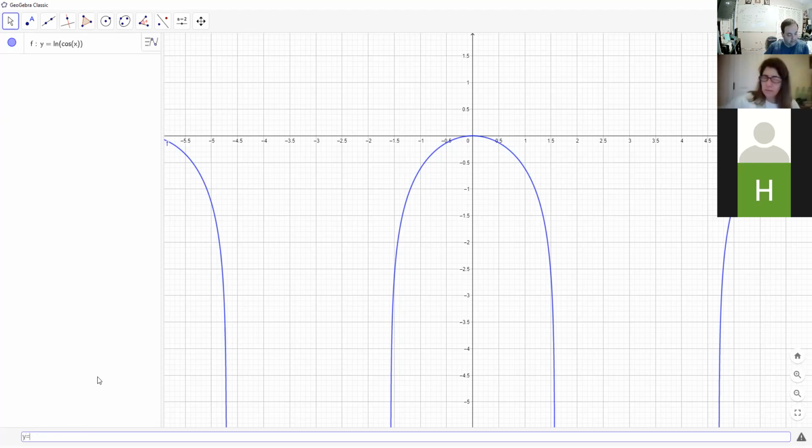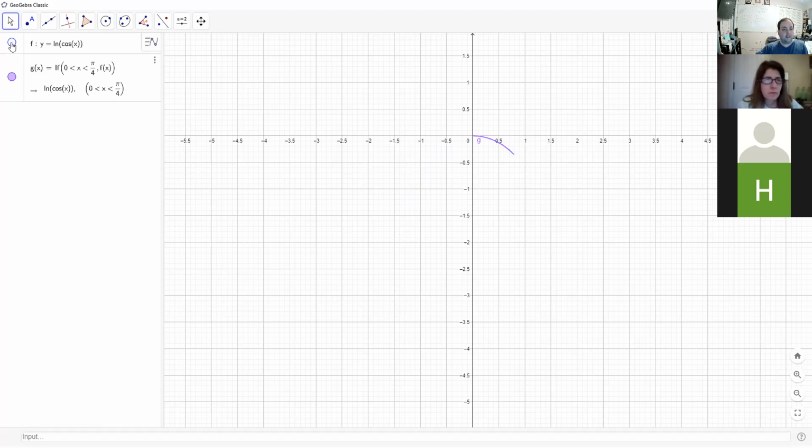So I'm going to create another function here so that you can see that gap: y equals f if 0 is less than x less than pi over 4. Now I've got a function that just represents a small part.